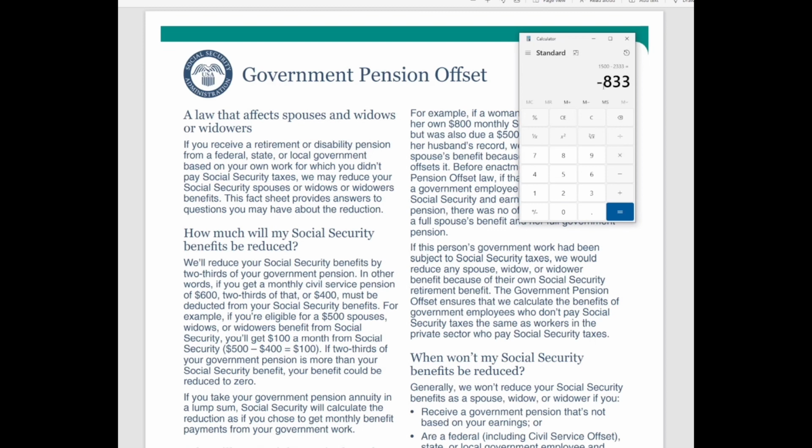So you're going to be in the negative at this point, and that means that you'll be in a non-payable status. If you proceeded with that claim, you would get an award letter from Social Security after they complete everything, basically saying you're now entitled to monthly spouse benefits, but we cannot pay you at this time because of your non-covered pension, right?